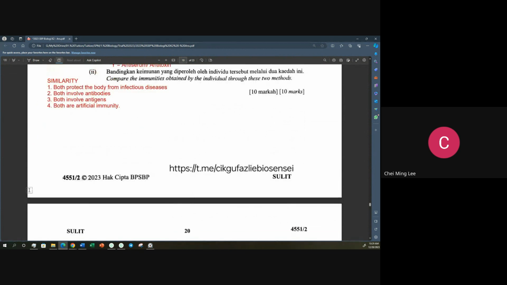Now let us see the comparison here. For X, or we can say method one, it's an artificial active immunity.